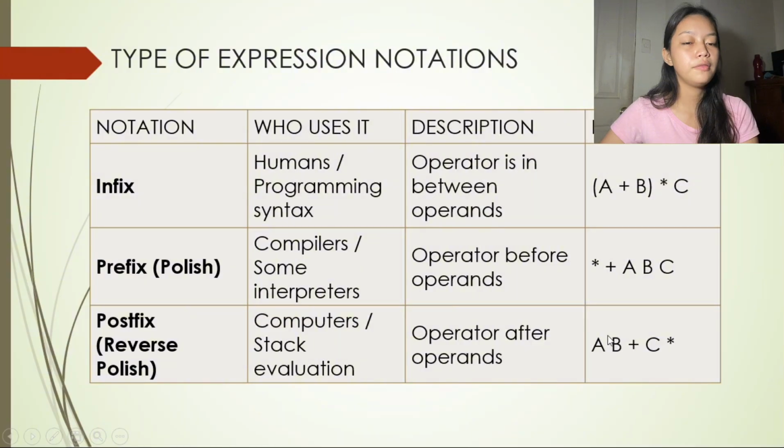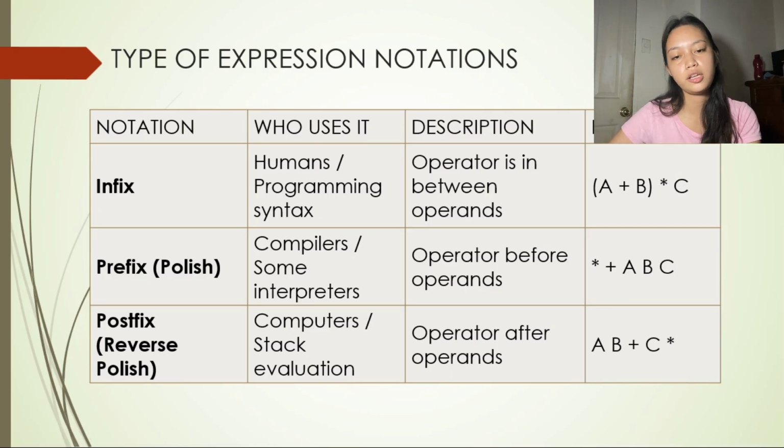From the word in, the operator is in between the operands. The operator sits between two operands. Like here in the example, see that the operator is in the middle of the two operands, A and B, and this one, the multiplication, is also in the middle of the expression A plus B and C. That is an infix notation.